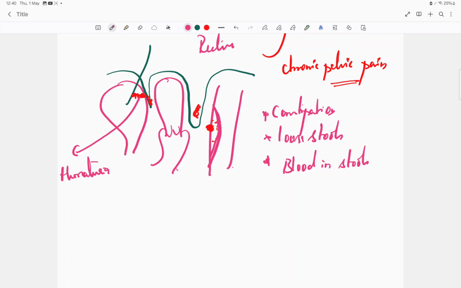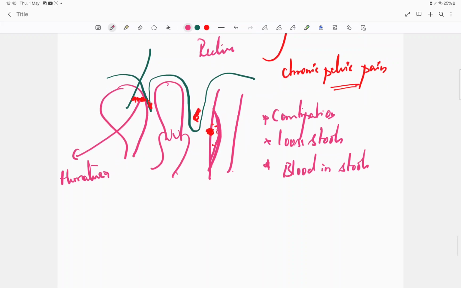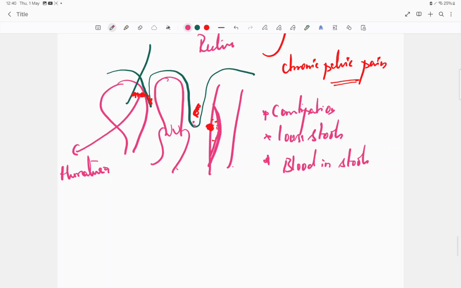So how can you identify this? Since these are deep lesions, tender nodules will be there. See, this is the pouch of Douglas. When you do a per vaginal examination, you can see the nodules here, like this. The nodules can be seen here, and these nodules are generally tender.